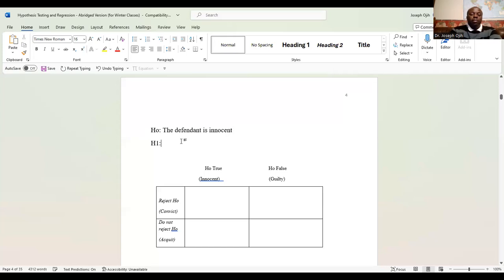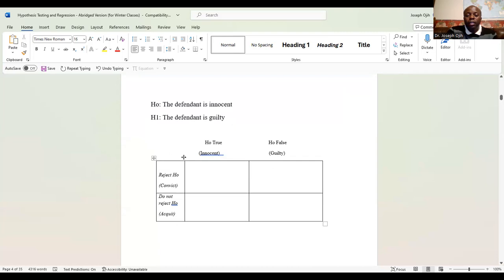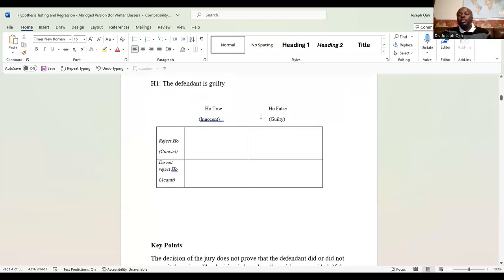Remember, the alternative says the opposite of the null: the defendant is guilty. Now, the state attorney will present their case. H0 true means that the defendant is innocent, and H0 false means that the defendant is guilty. Reject H0 means to convict. Do not reject H0 means to acquit.